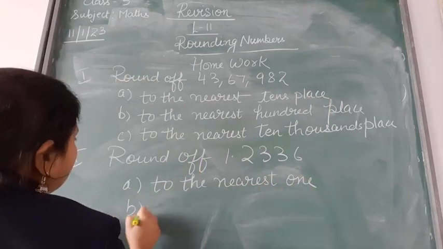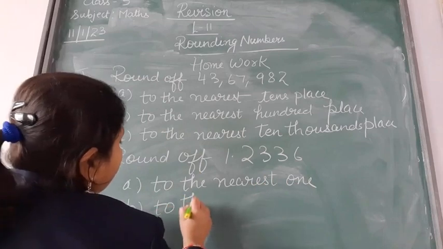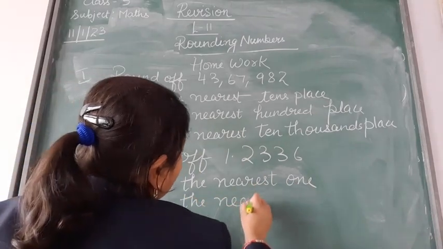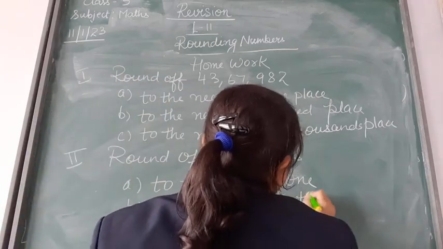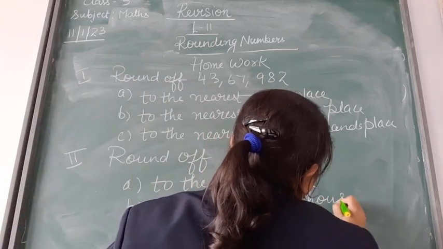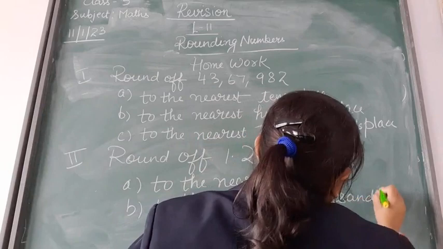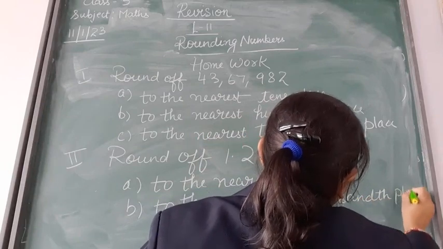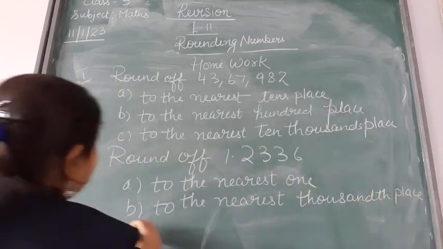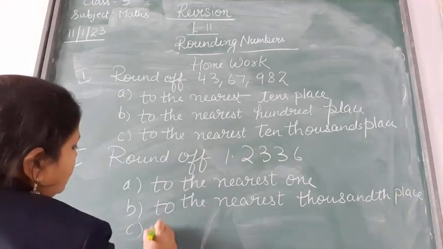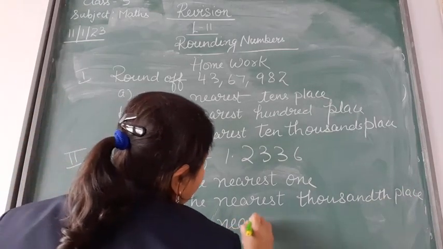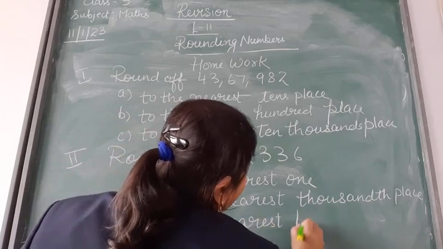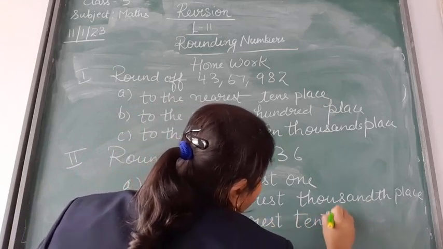B part to the nearest thousandth place, and C part to the nearest 10th place. Okay.